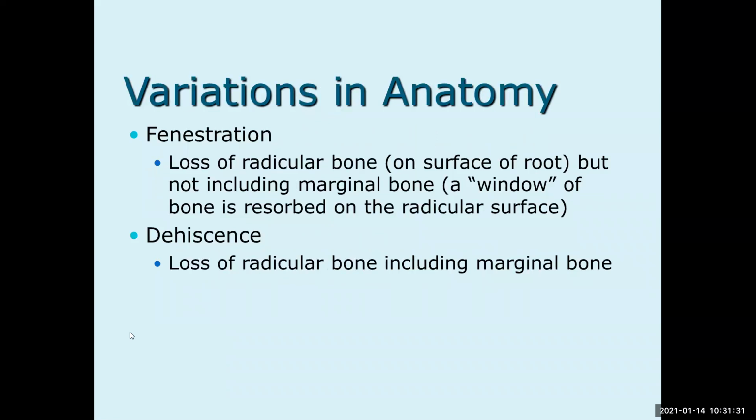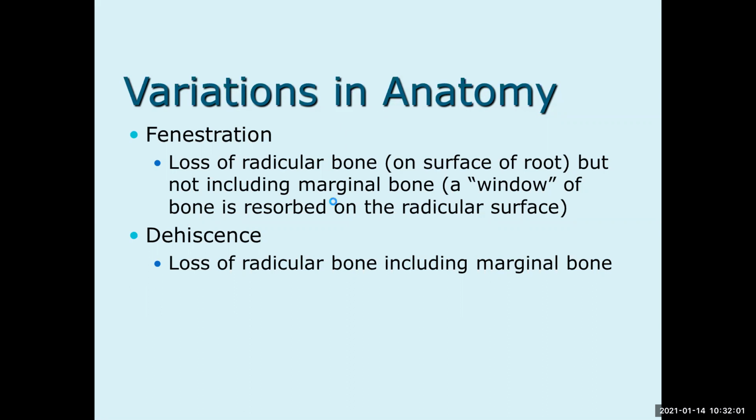Okay, you need to know, again, the difference between dehiscence and fenestration. We have this in oral anatomy. Fenestration is the loss of radicular bone on the surface of the root, but not including the margin of the bone. So the fenestration is the window. It still has the cortical bone, versus a dehiscence, which is the loss of radicular bone including the gingival margin.